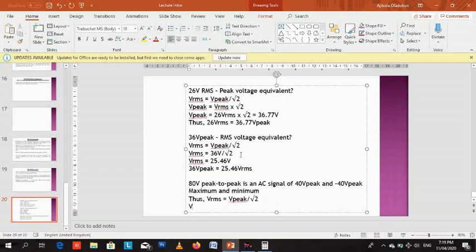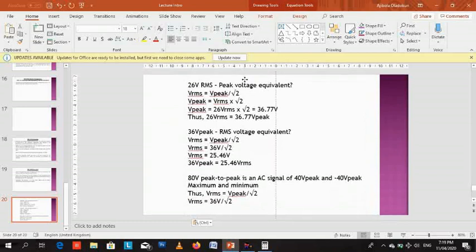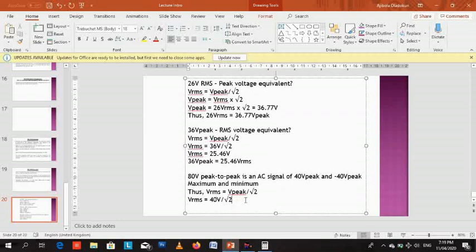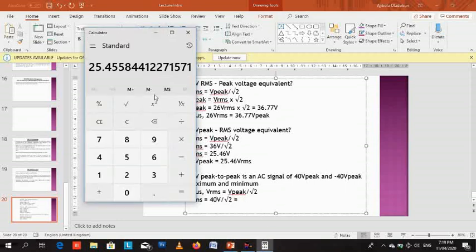So now that we can generate V peak from V peak to peak, we can also generate VRMS. VRMS is simply V peak divided by root 2, and thus the RMS voltage for an 80 volt V peak to peak AC signal is the V peak, which is 40 volts, divided by root 2. So what's the RMS voltage?